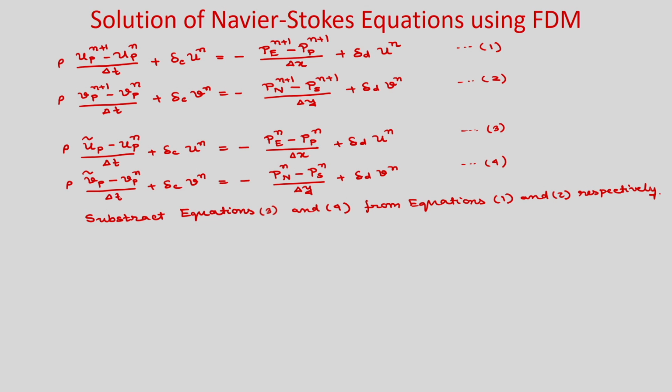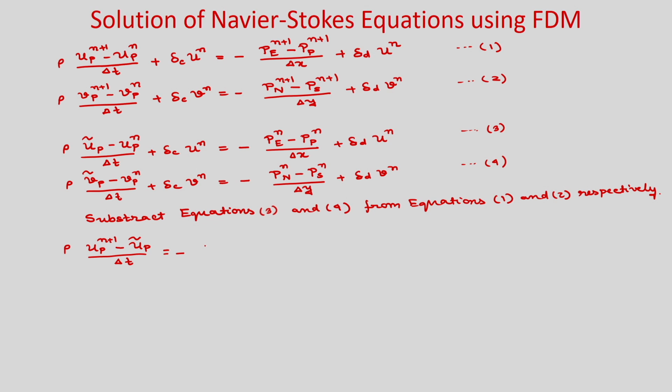Okay. So, what you will get, you see. Obviously, from the first term you will get (u_P^(n+1) minus u_P tilde) divided by delta t. Okay. The convection terms are same. So, this will cancel out, then you will have only pressure term in the right hand side.